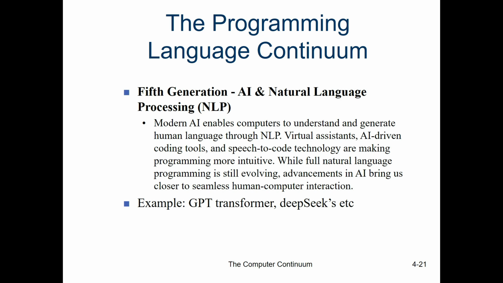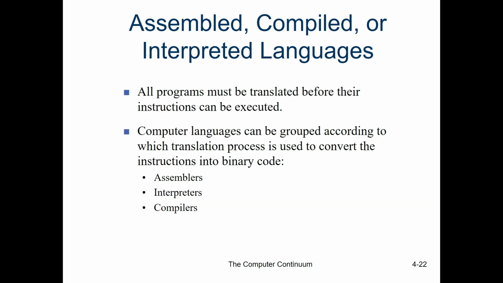The best examples are virtual assistants like Alexa and many others, but there are also generators like ChatGPT and DeepSeek, which could be examples of this. Again, this is very important. Keep in mind that full natural language programming is still evolving; advancement in AI would bring us closer to seamless human-computer interaction. That needs to happen in the future.